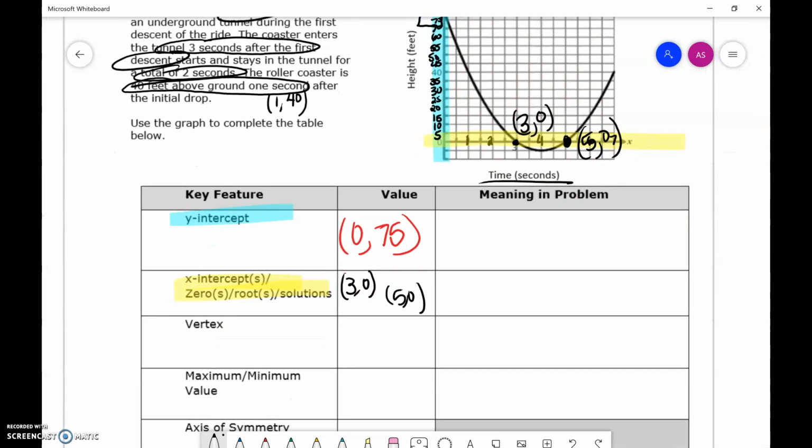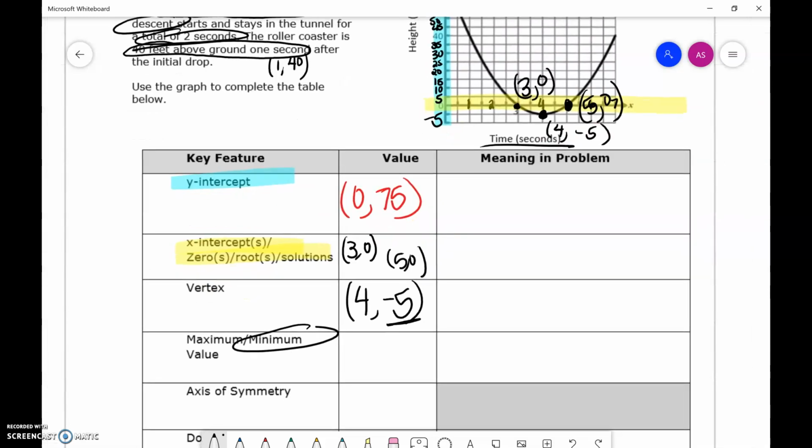Our vertex, remember that's either our highest or our lowest point of the graph. This one we have a minimum point, and that's at 4, and it looks like our graph is going to go down into the 4th quadrant at -5. So my vertex is (4, -5). Since this is at the bottom, it's going to be a minimum value.